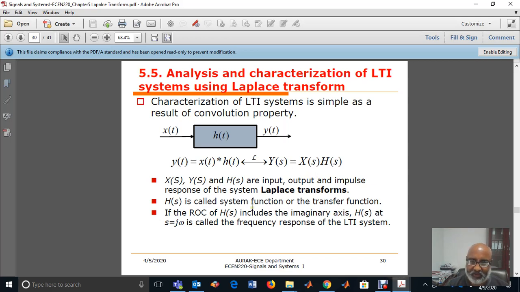If the region of convergence of H(s) includes the imaginary axis, that means the j omega axis, then the system is stable. Also the value of H(s) at s equal to j omega is called the frequency response of the system.